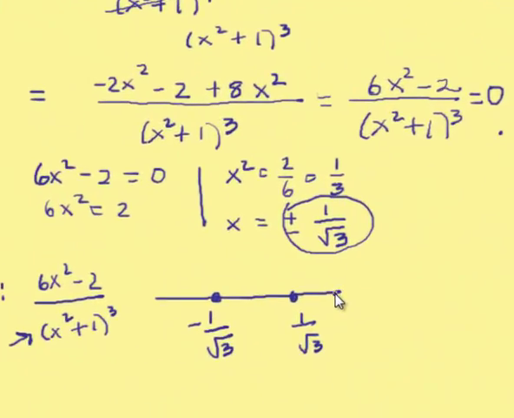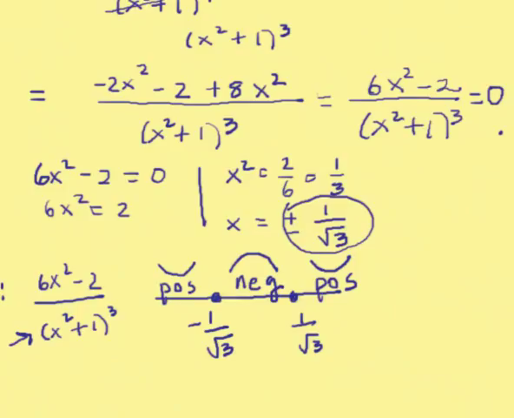If x is 1, for example, the numerator is positive, and remember the denominator is always positive. We substitute in 0, in the numerator we get minus 2, that's negative. We substitute in minus 1, we get positive. So the function f is concave up here, concave down here, and concave up here. That means these are x values of inflection points.